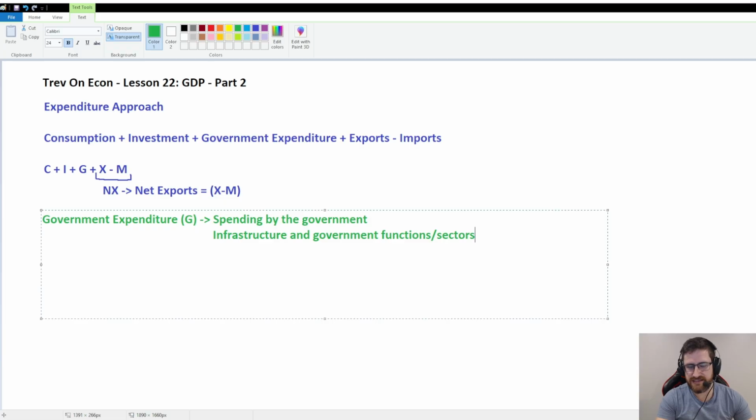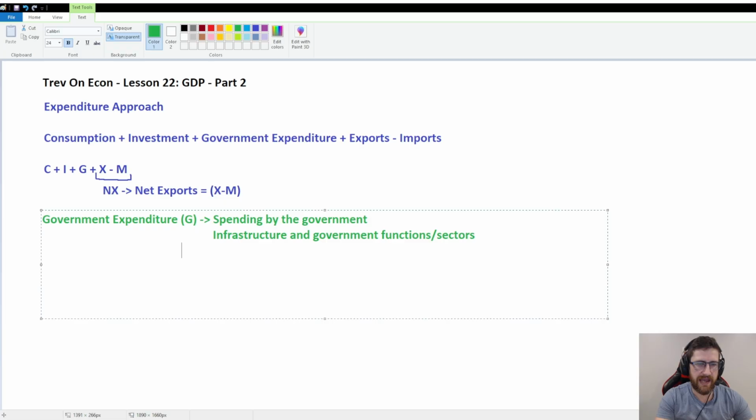So this is where it gets a little tricky, because let's say the president or prime minister of your country, if they buy something for themselves, like at their house, that's just consumption. That's C. But if they use the government budget to buy something for their country or town, that becomes government expenditure. So we have to be careful about where we put things sometimes.